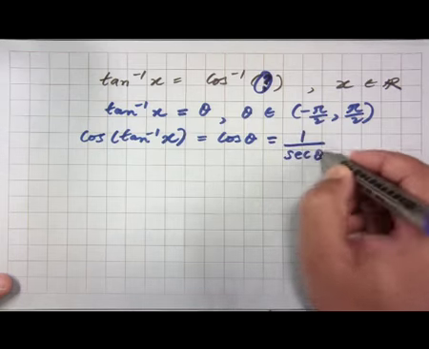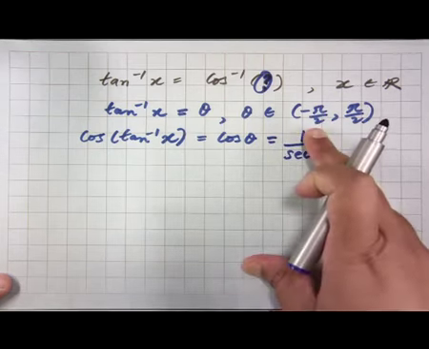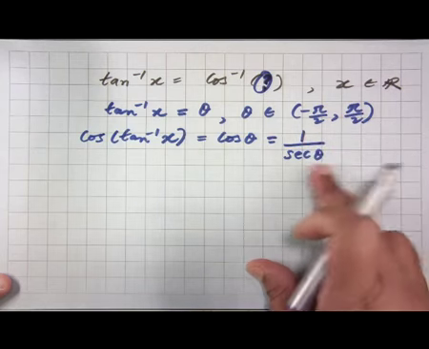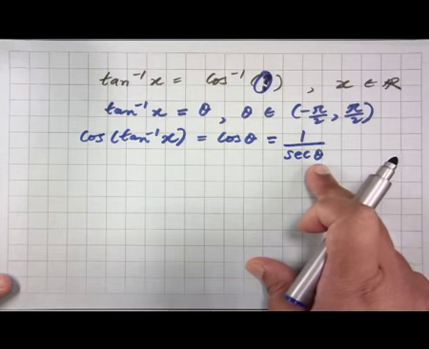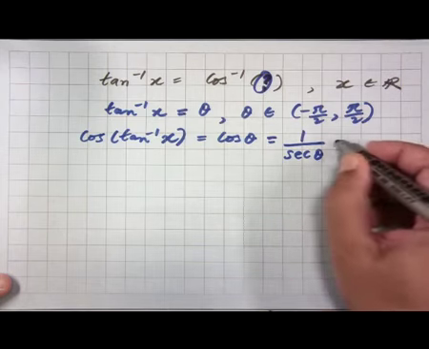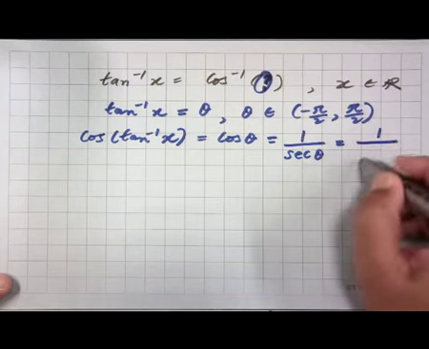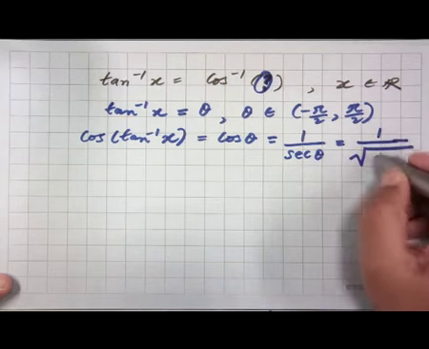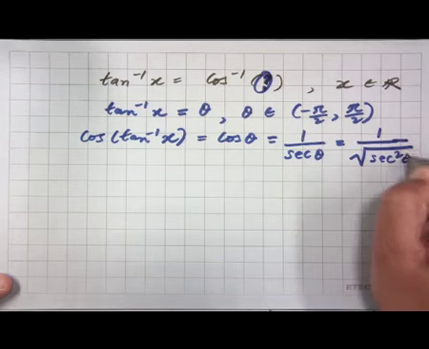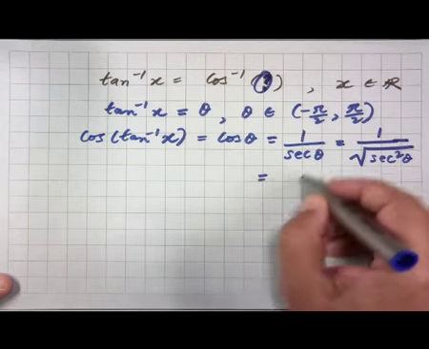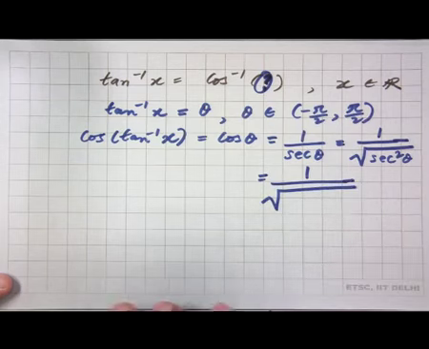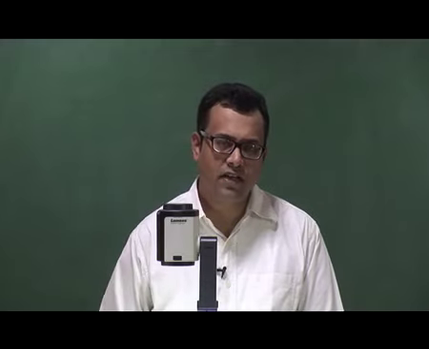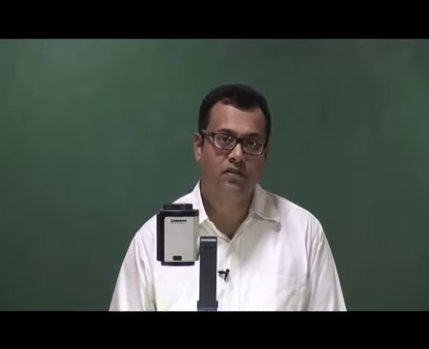1 over secant theta. Now, when theta belongs to minus pi by 2 to plus pi by 2, secant of theta is non-negative valued, and therefore, we can write it as 1 over the positive square root of sec square theta, which can be further written as 1 over square root of... Now, we know the identity that for any angle theta, sec square theta is equal to 1 plus tan square theta. So, we are going to use this here.